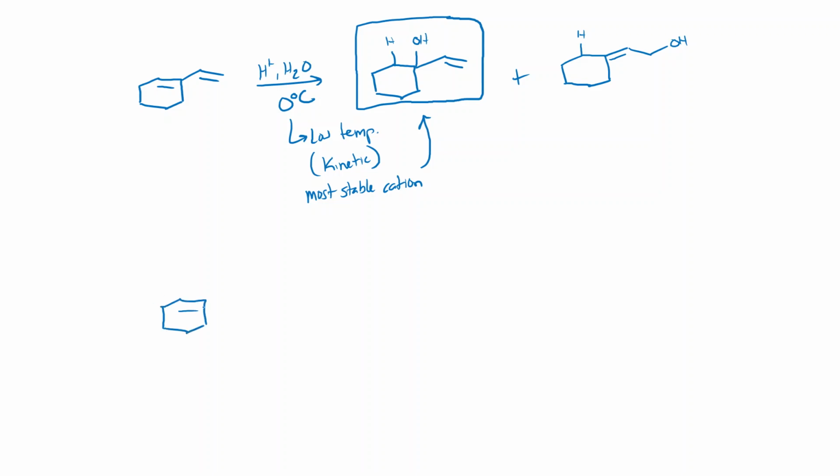If I gave you the same reaction, but instead we were running it in boiling water, you'd still have the same 2 products possible, but you would expect to see the thermodynamic product as the dominant product. And so in this case, the thermodynamic product is, of course, the one that is the more stable product.